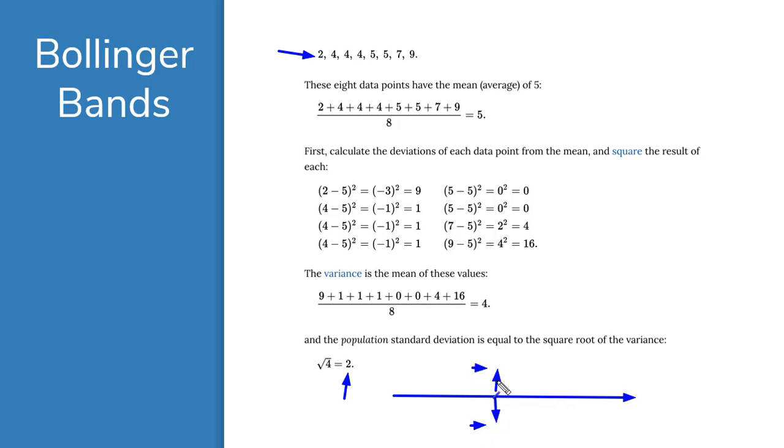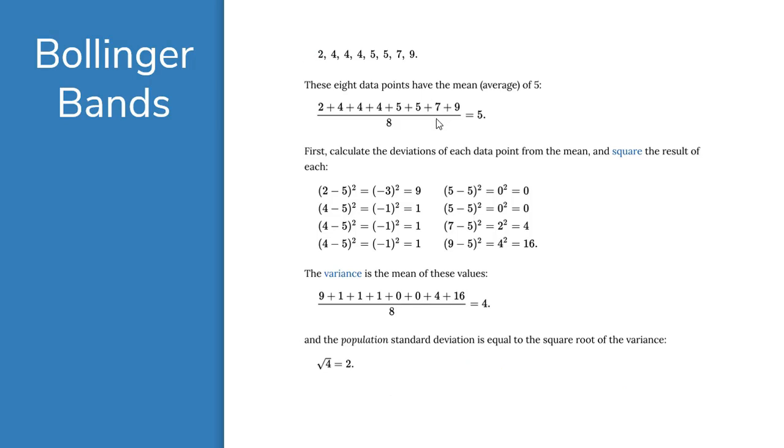That is 5 plus minus 2. So we have 3 down here, we have 7 here. And let's have a look at the data set. Oh yes, most of the data is actually within that range from 3 to 7. And that tells us that one standard deviation here contains about 2/3 of all the data points.